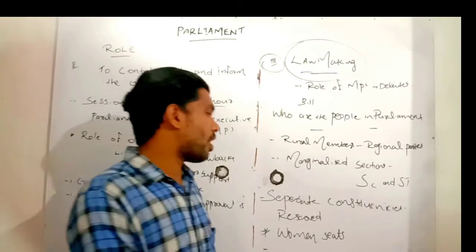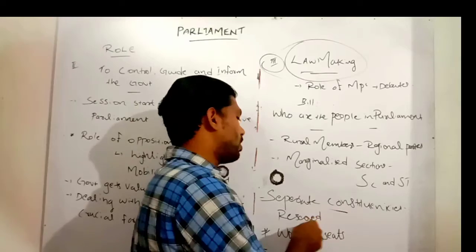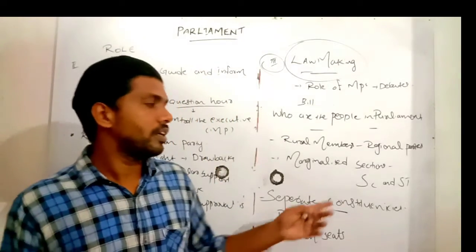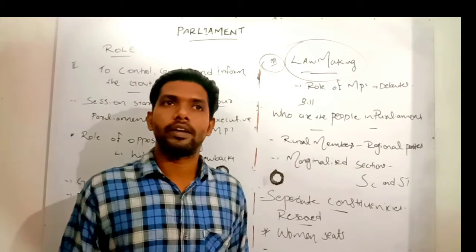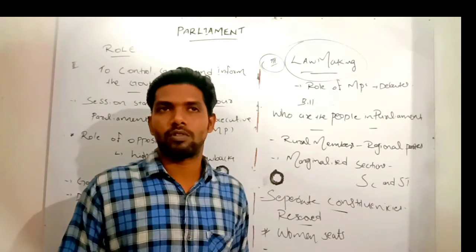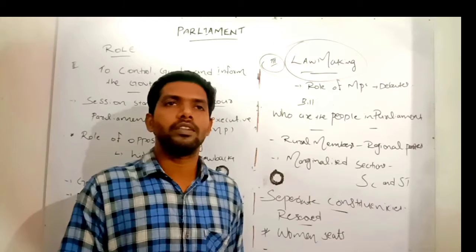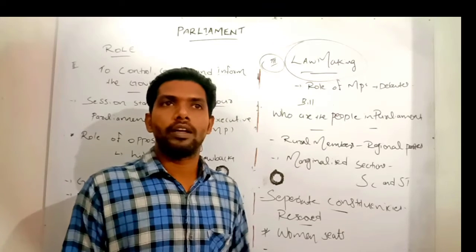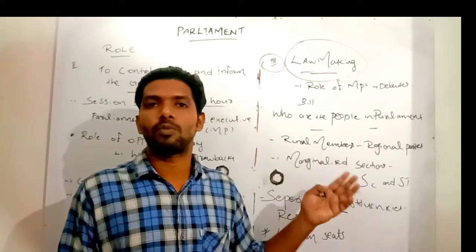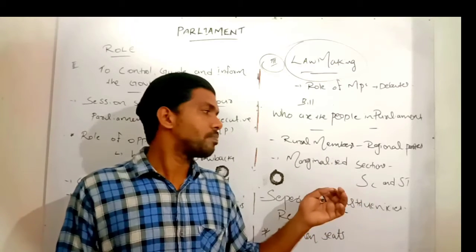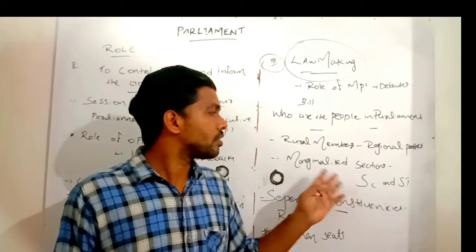That is why we add separate or reserved constituencies for the SCs and STs, scheduled castes and scheduled tribes. In those seats only they can contest, and if they win they sit as MPs, and they can introduce their problems and speak for their section.